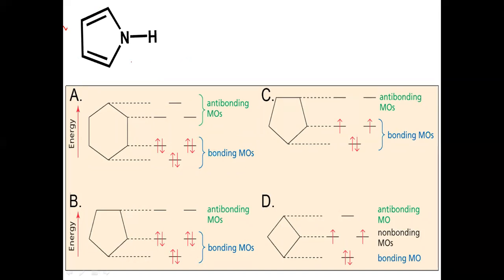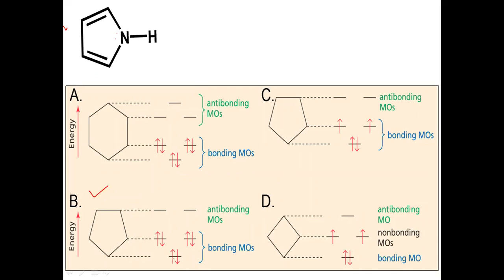So now you see here, this is the pyrrole, and there are 2 pi bonds and 2 electrons from nitrogen. So a total of 6 pi electrons are involved in delocalization, and that's why it follows Huckel's rule. So you can see this structure, B type of structure is here. And in this structure, there are 6 pi electrons in the delocalization in pyrrole, and that can be distributed in this way.